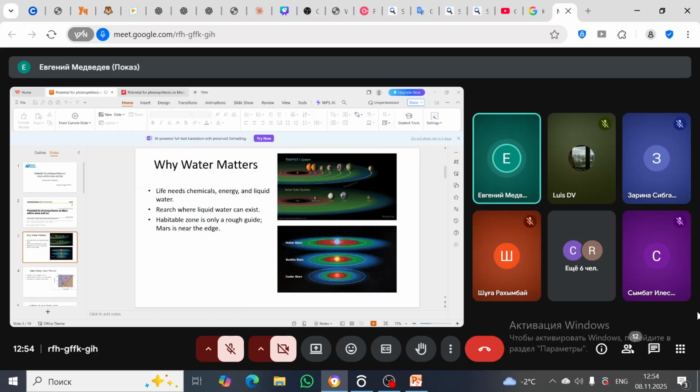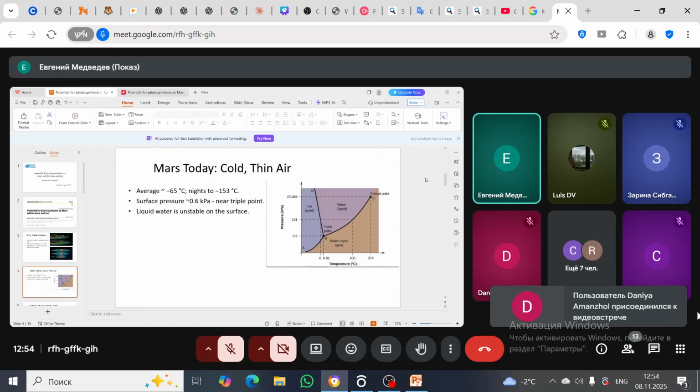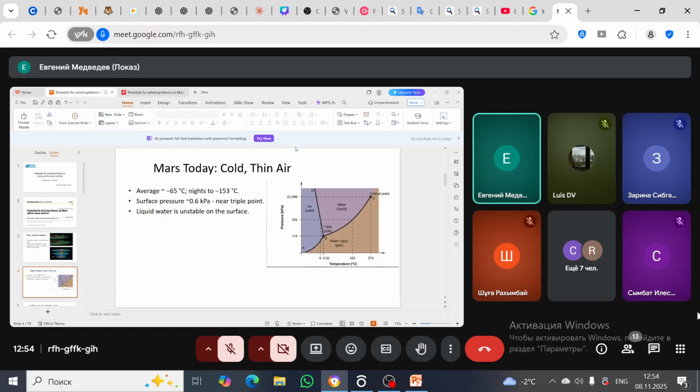And what we know about Mars today. Mars is cold.